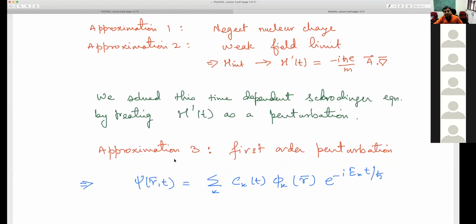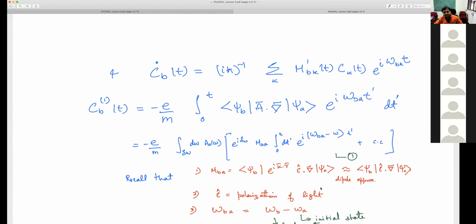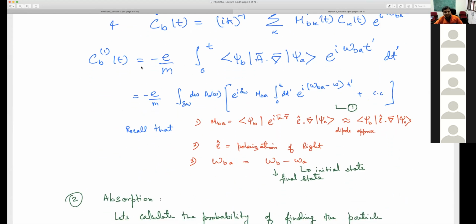And then you did approximation 3, which was first order perturbation theory. So of course we can write the time dependent wave function in terms of any given basis of the unperturbed Hamiltonian, etc., and calculate the CKs, right? So the CB dot we calculated explicitly. We just reviewed this also, and then we can go ahead and calculate CB1 of T, which we also reviewed just now from previous lectures, right?